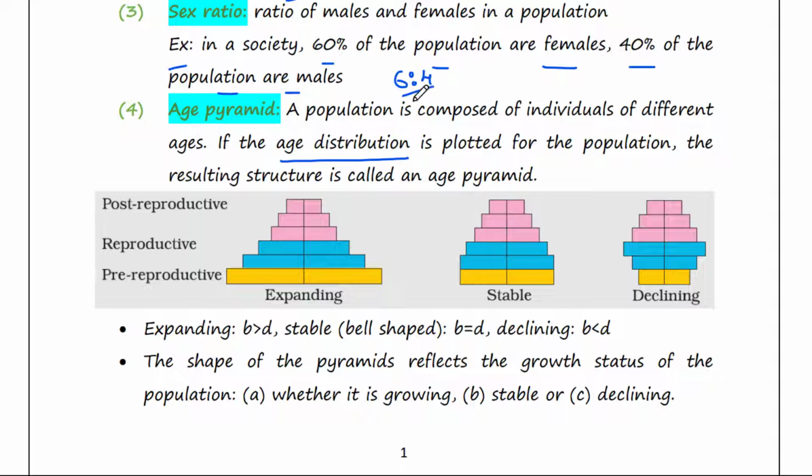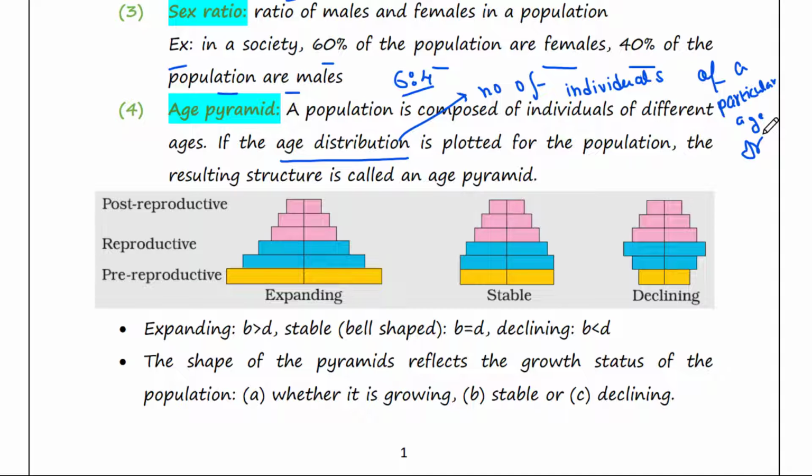Age distribution is the number of individuals of a particular age group, right? That is the age distribution.